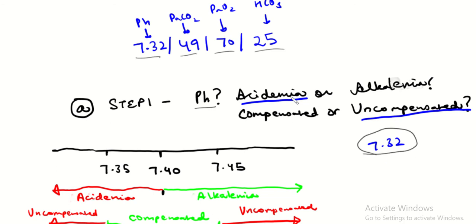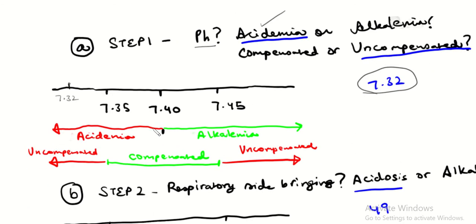Is it less than 7.40? Yeah. So is it acidemia or alkalemia? Acidemia. Is it between 7.35 and 7.45? 7.32 is not, so it is acidemia and it's uncompensated. So it's uncompensated acidemia.